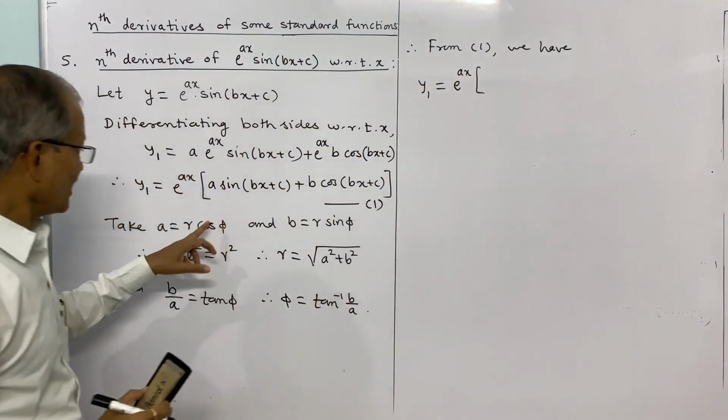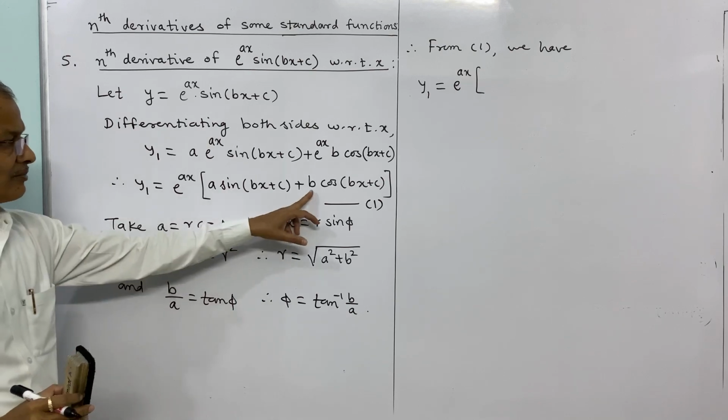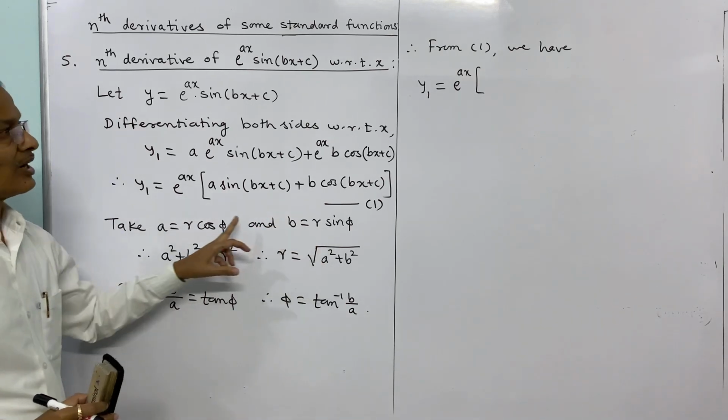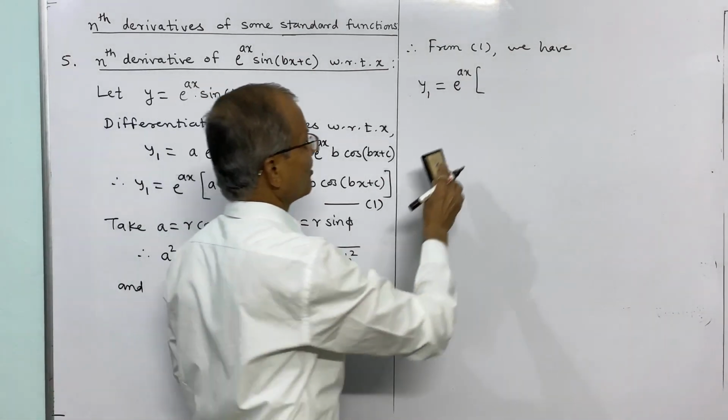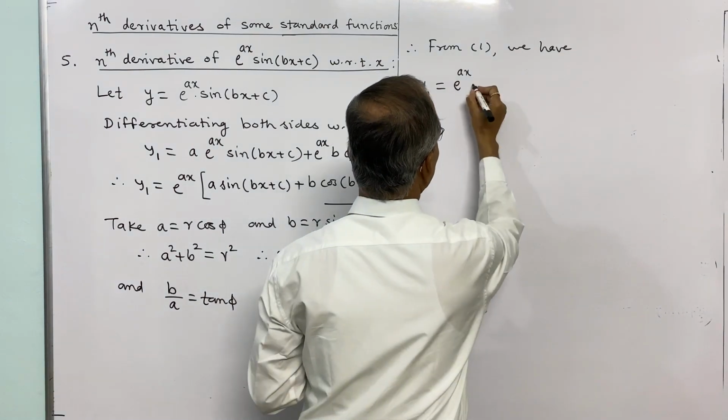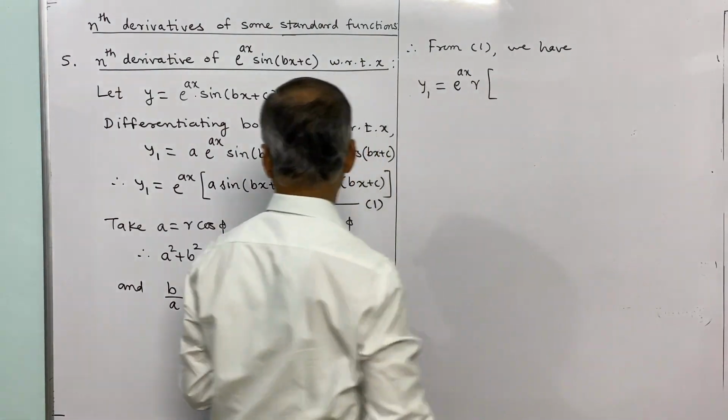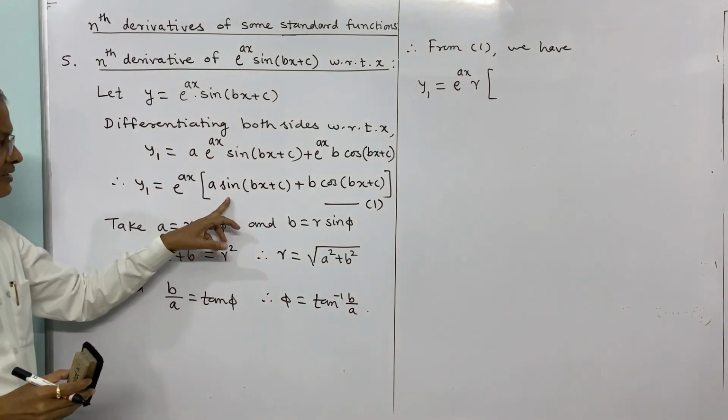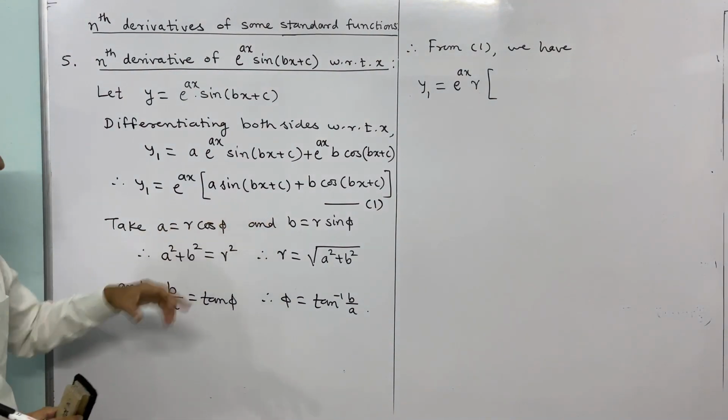What is a? A is r cos phi and here b is r sin phi. So I shall write r also common, and in the bracket here it is cos phi sin (bx plus c).